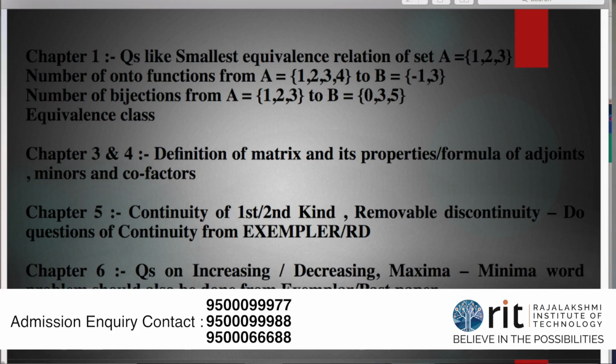And in chapter number 13, questions on the multiplication theorem of probability should be done from another book, because though NCERT talks about the multiplication theorem on probability, no question is given on that topic. Okay, and do read graphs in chapter number 2.